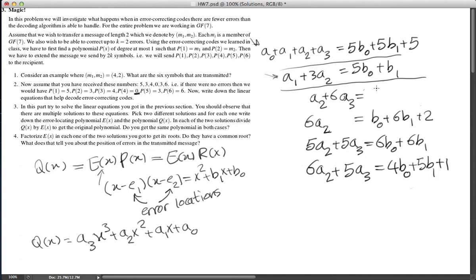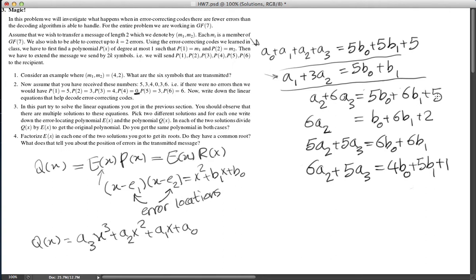The right hand side is going to become 5 times b0 plus 6 times b1 plus 5.